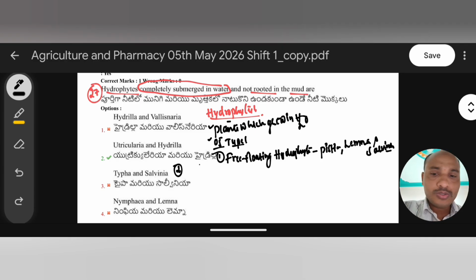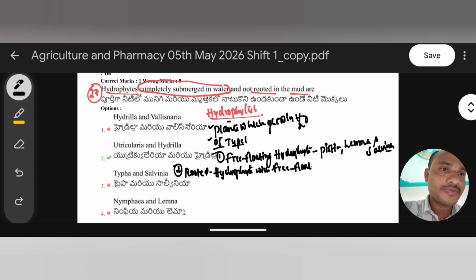Now the second one, rooted hydrophytes with floating leaves. Rooted hydrophytes have roots and attach to the mud or substratum, but their leaves float freely on the surface of water. Examples of rooted hydrophytes with floating leaves are Nymphaea and Victoria regia.